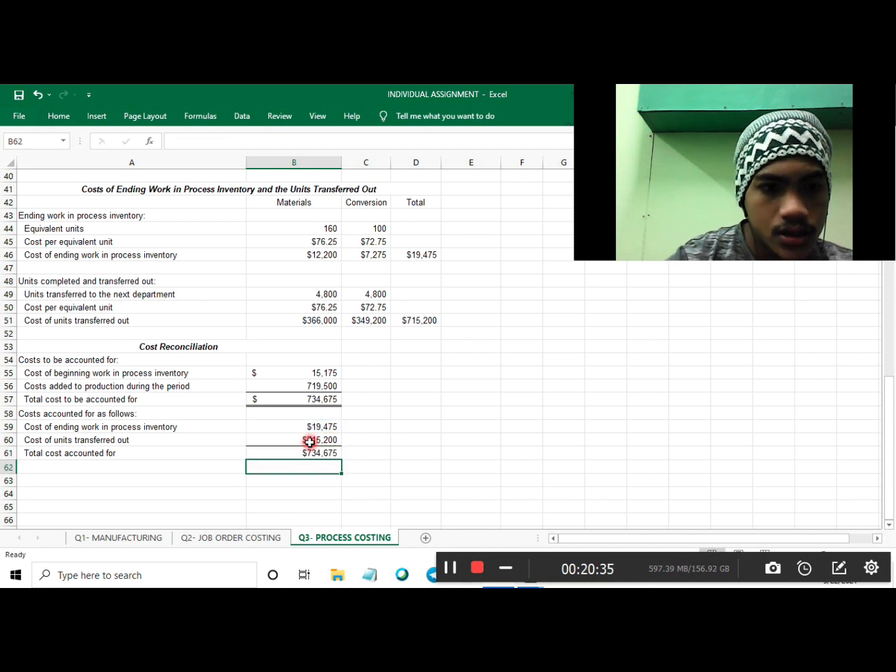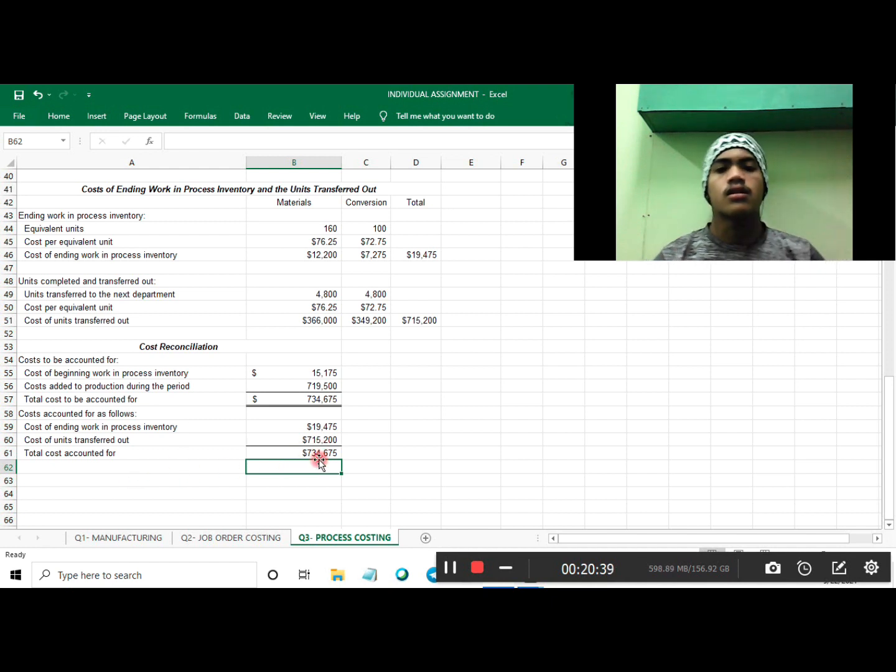So we get 734,675 ringgit. So we can see the total cost to be accounted for needs to be the same as the total cost accounted for. So the value needs to be the same.